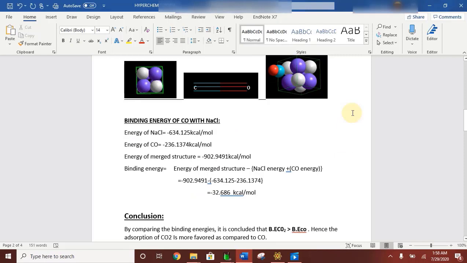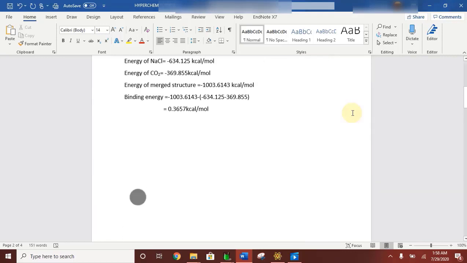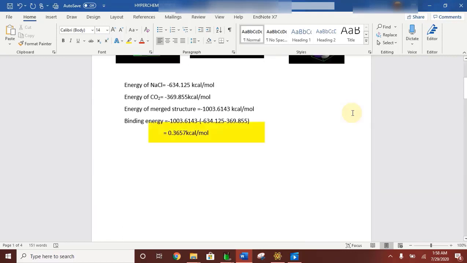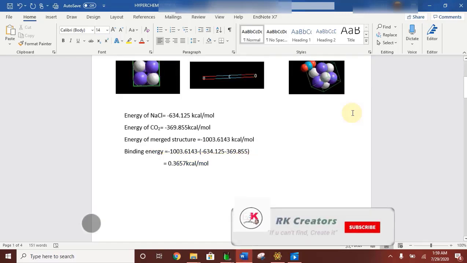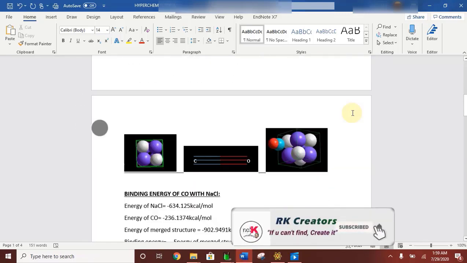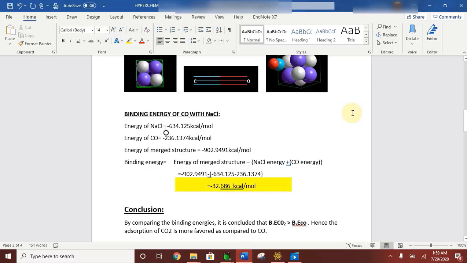After calculating the binding energy of carbon monoxide with NaCl, we compare the binding energy of both the carbon dioxide adsorption and the carbon monoxide adsorption on NaCl. After comparing, we see that more energy is released in the case of adsorption of carbon dioxide, while less energy is released, as the negative sign indicates, in the case of the adsorption of carbon monoxide with NaCl.